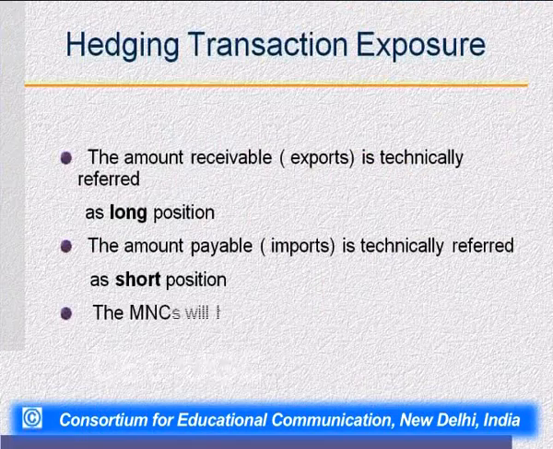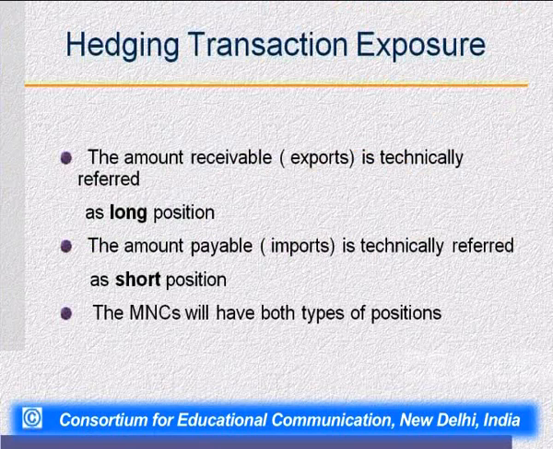In hedging transaction exposure, the amount receivable is technically referred to as a long position, and the amount payable is technically referred to as a short position, and the MNC will have both types of positions.